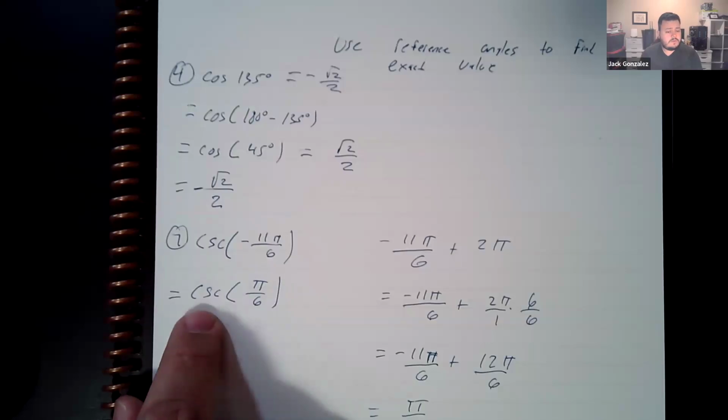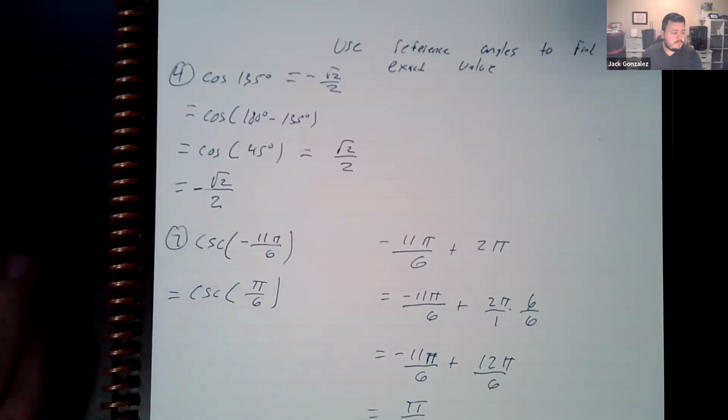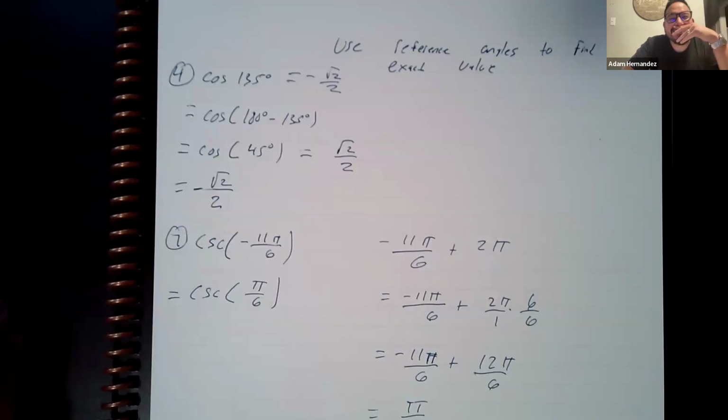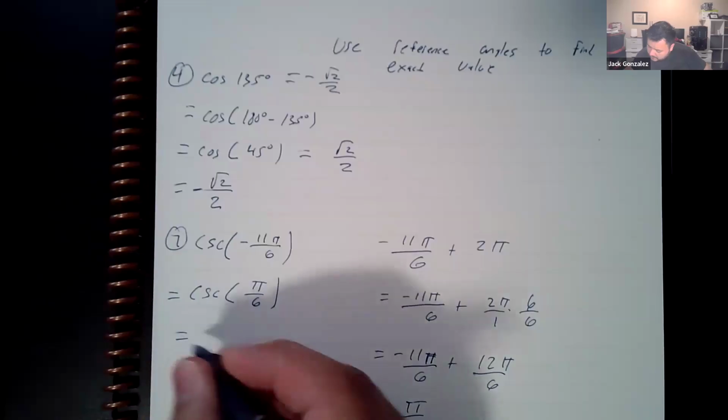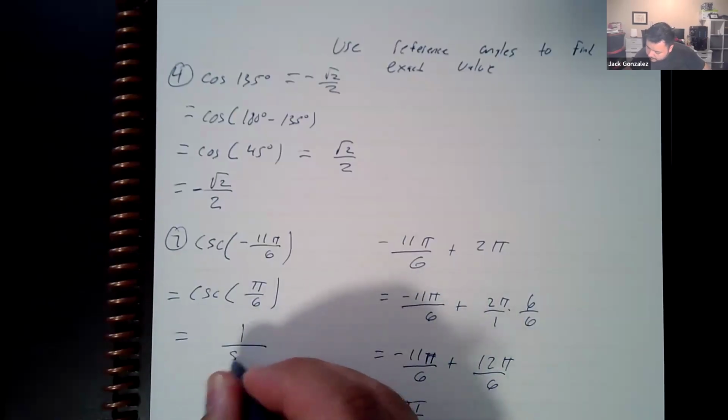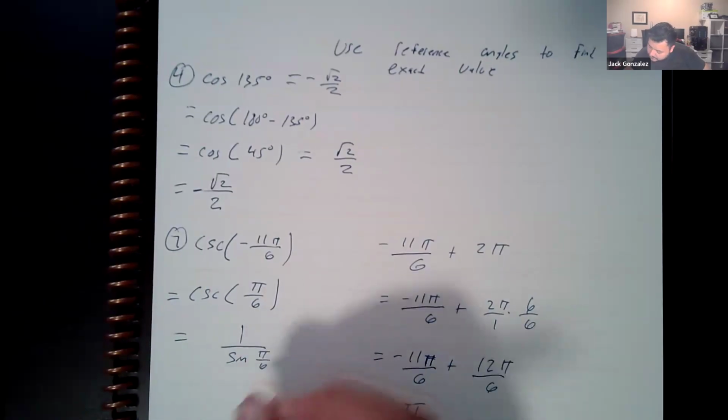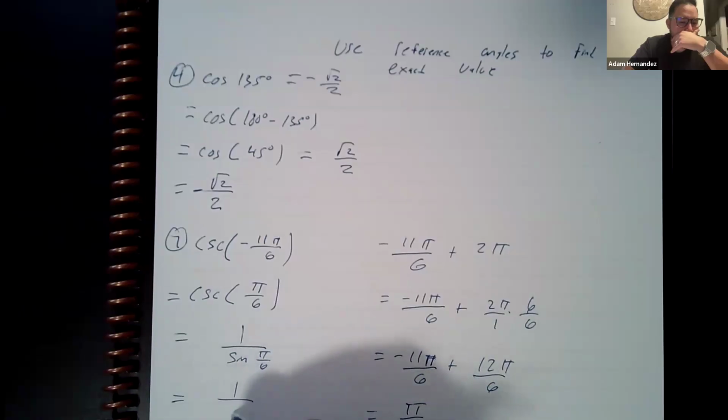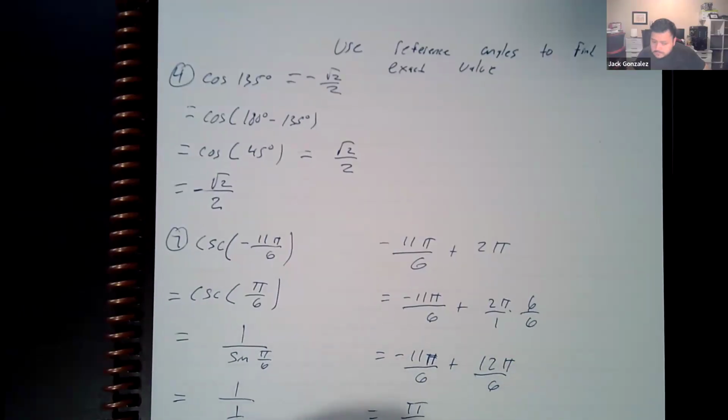So sine is 1/2, correct? Let me go pull up the circle. So this is the same as 1 over sine of pi over 6, which is the same as 1 over 1/2, which is 2.